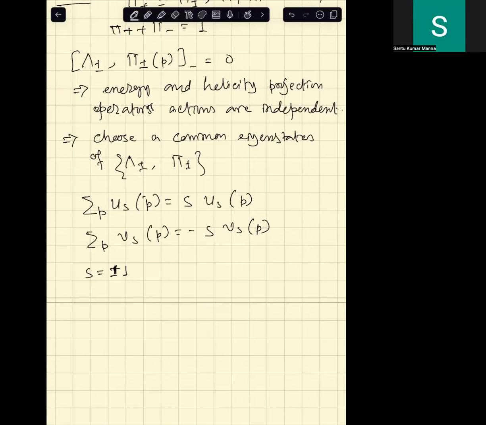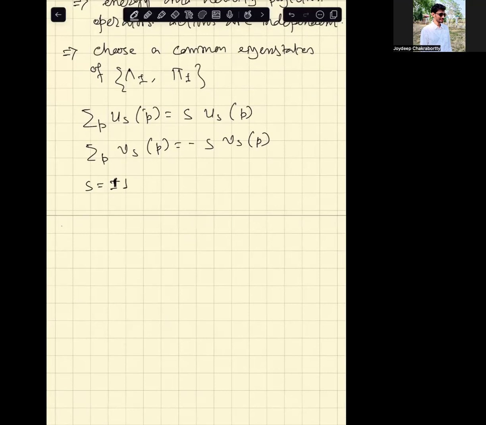Okay, so, any other question? Okay. So in the helicity position operator, then another position operator that we use is defined in even dimension only. It will be clear. Chirality projection operator.